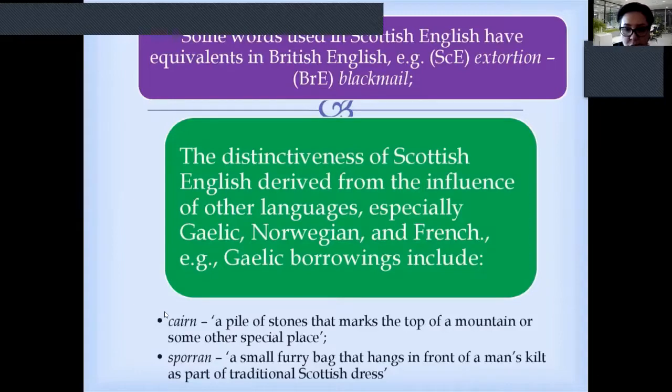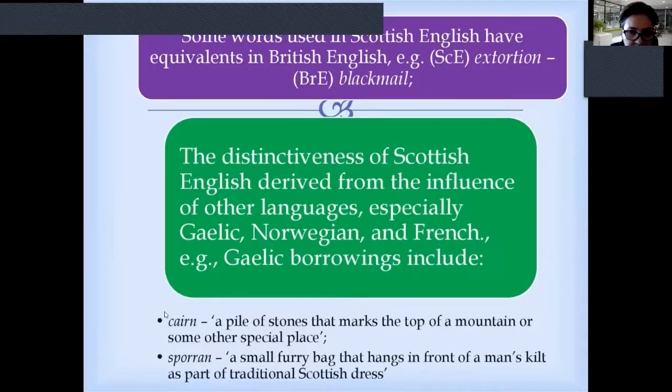So I want to note that not all English words are borrowed into the variants. For example, the Scottish variant of English uses many words that are borrowed from different languages besides English, for example, Gaelic, Norwegian, French, etc.